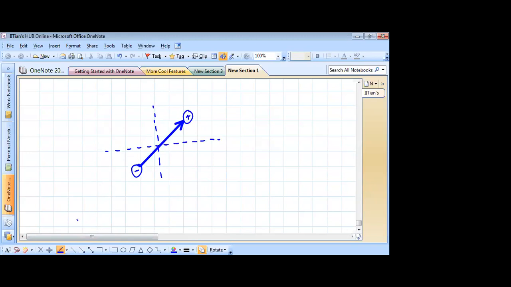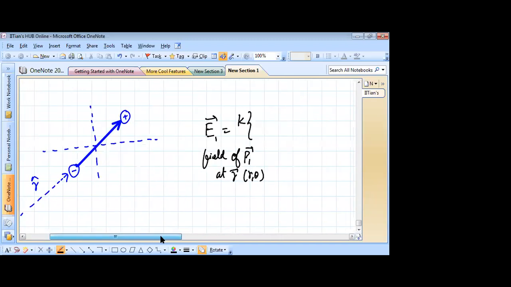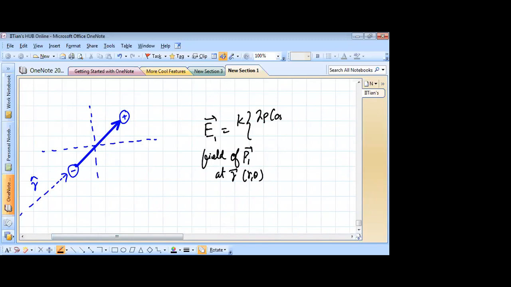Now compared to this dipole, the one which is over here, the field of the first one, this is the field of P1 at the position vector R, theta, that is given by that formula: K into 2p cos theta divided by R cube, R cap, plus p sin theta divided by R cube, theta cap. Okay.